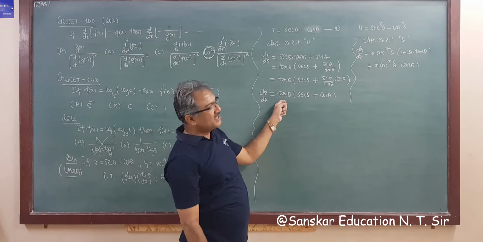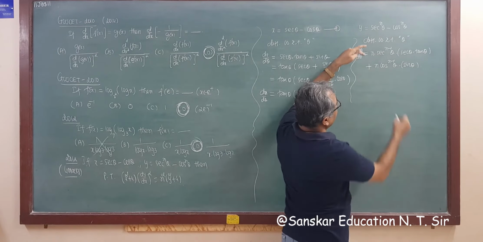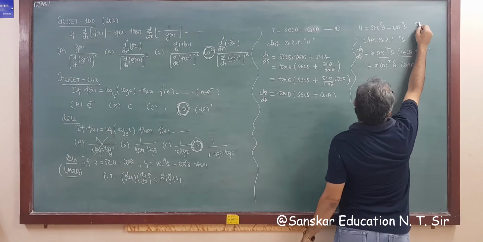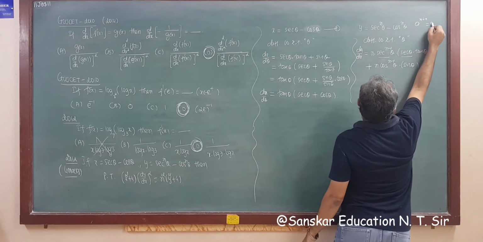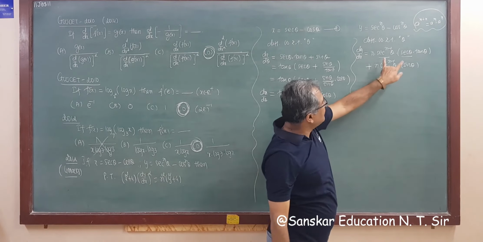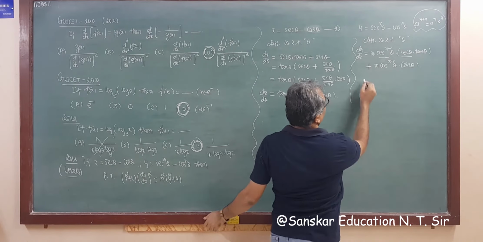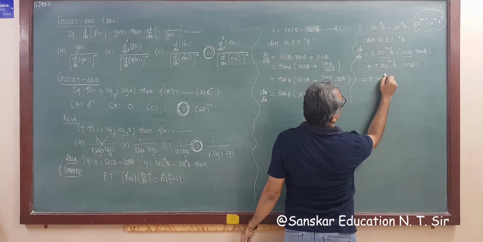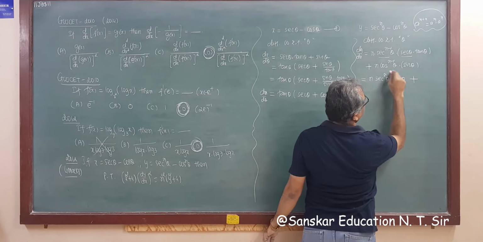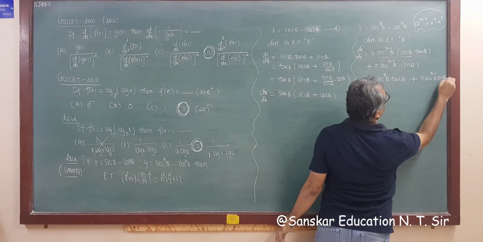Got it? Here tan theta is common, so taking tan theta common from here. Before that, we simplify this. See, the bases are the same, so we add the powers. Applying the rule a raised to m plus n is equal to a raised to m into a raised to n, the bases are the same, sum of the powers, that is n minus 1 plus 1, that is n. So this is n sec raised to n theta tan theta plus n cos raised to n minus 1 theta into sin theta.